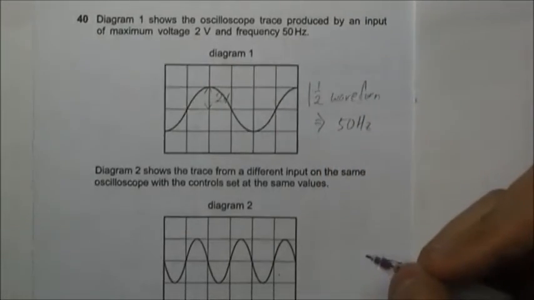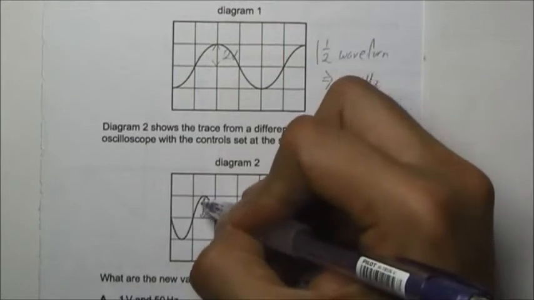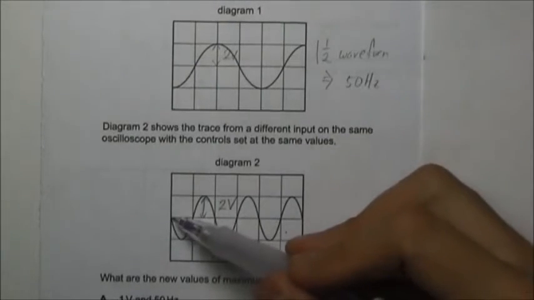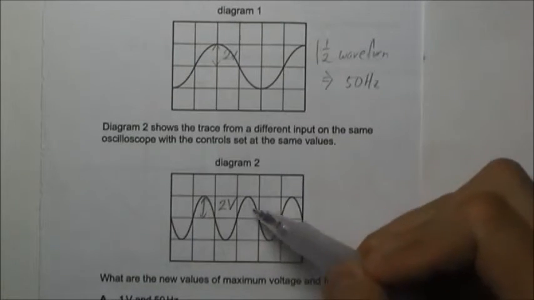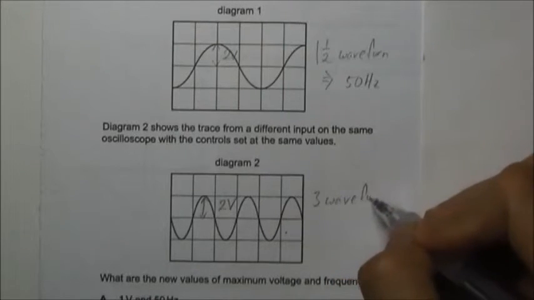Okay, now we look at diagram 2. The amplitude is still 1 square, which is 2 volt, and we see a total of 1, 2, 3 waveforms.